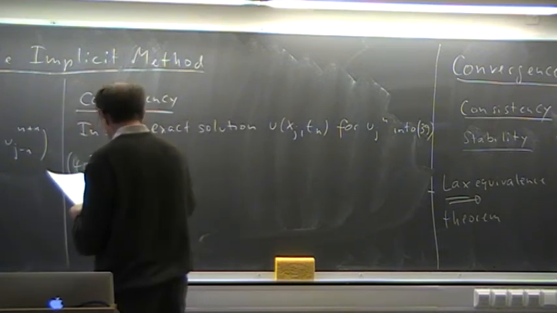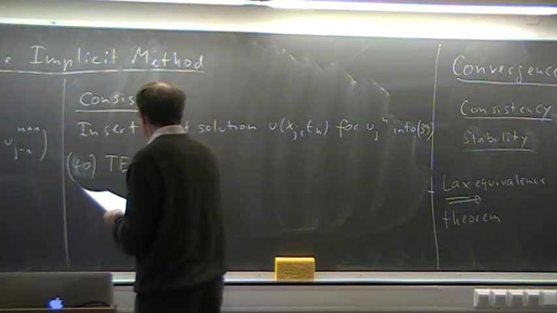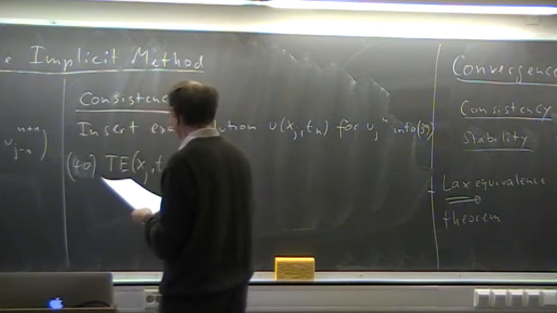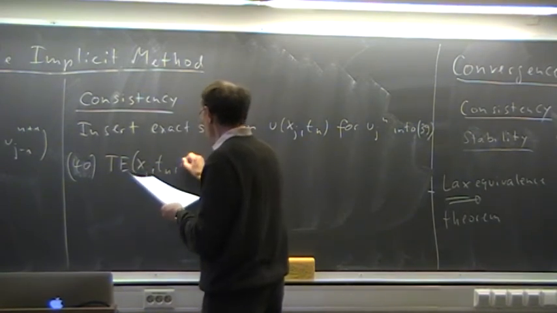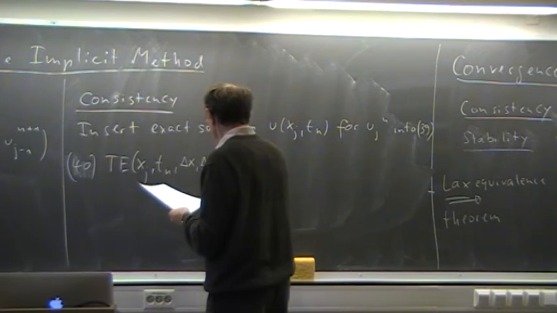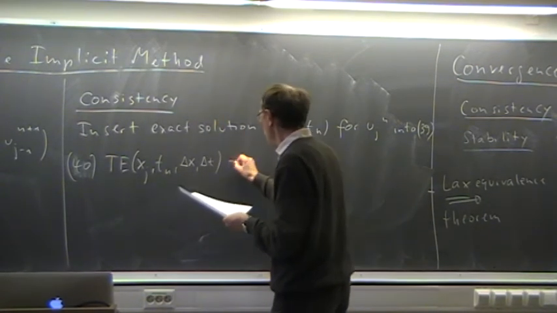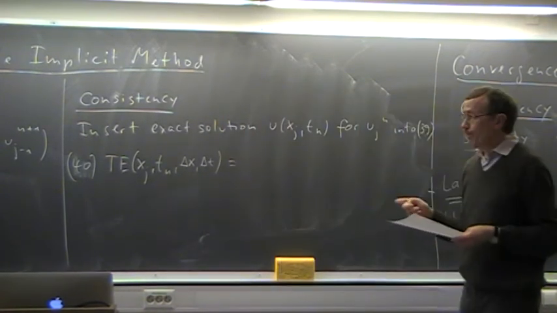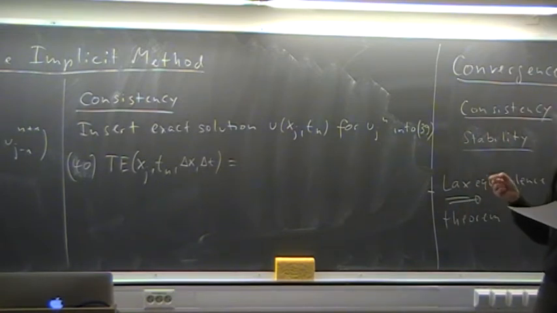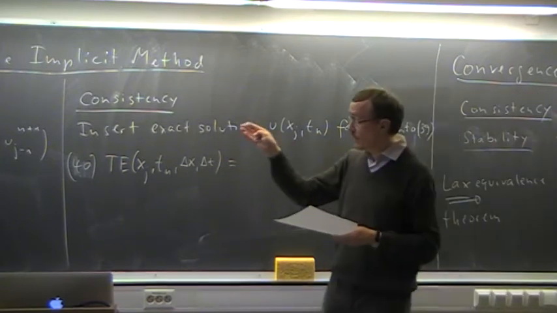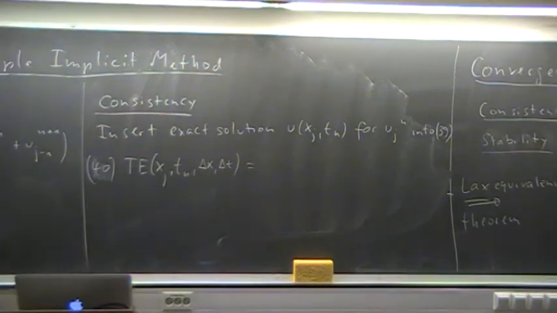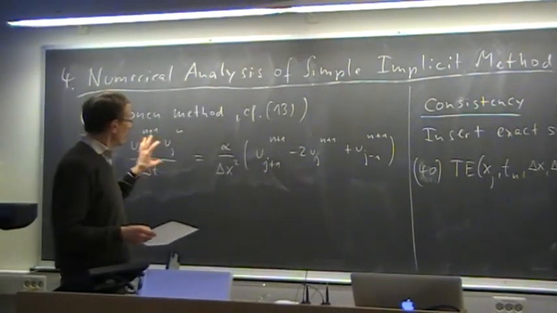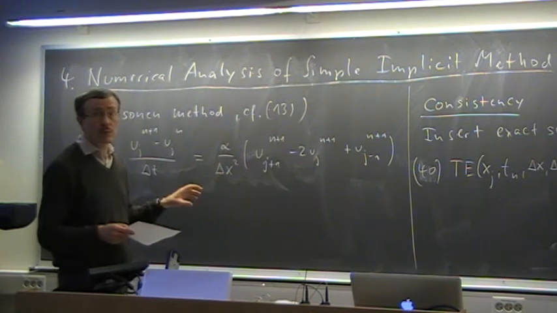And the truncation error, we noted that at x_j, t_n, grid point x_j, time level t_n, taking the grid spacing delta x and the time step delta t. And I stress again, when you do the consistency analysis, it is important that you get it in this form. Or even better, we take this on the left-hand side, and then we have this minus this is equal to 0.